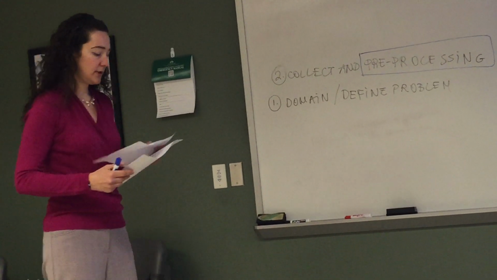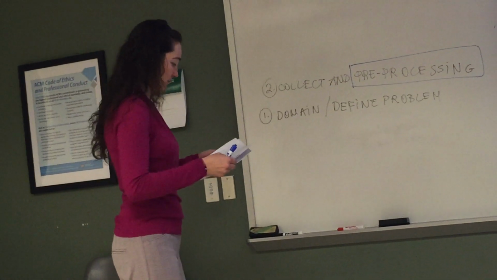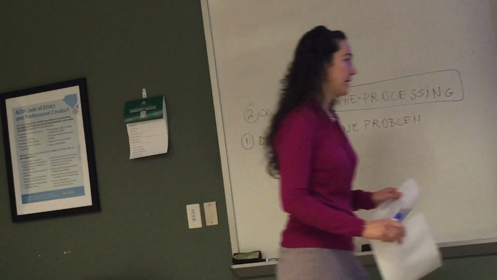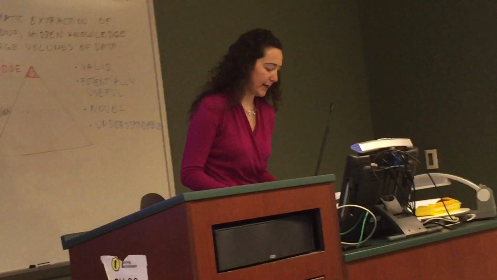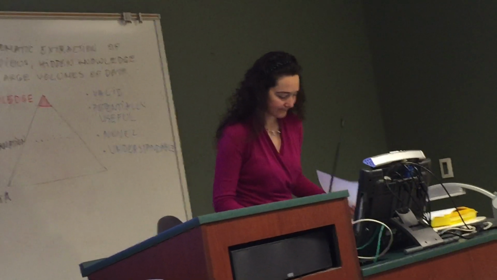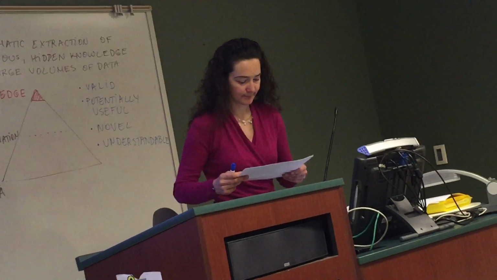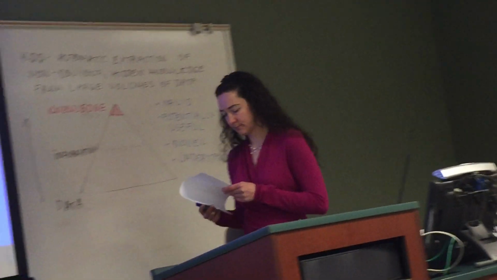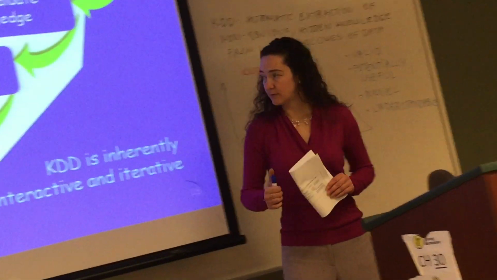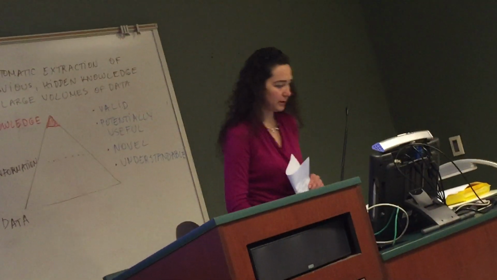The missing data is just one piece. There are a lot of other things we need to do to prepare the data for mining. For example, let's look at the next slide.